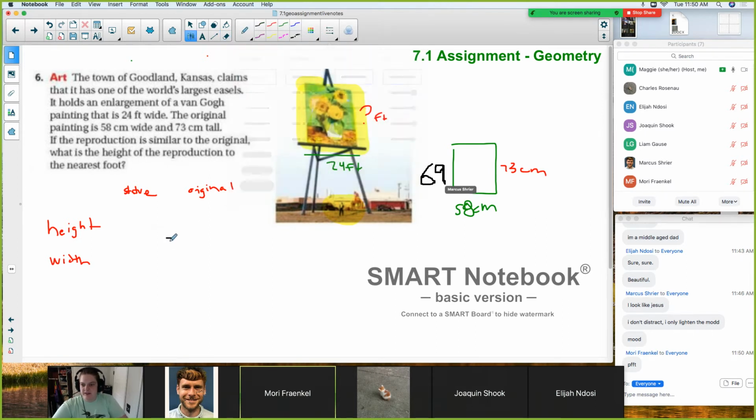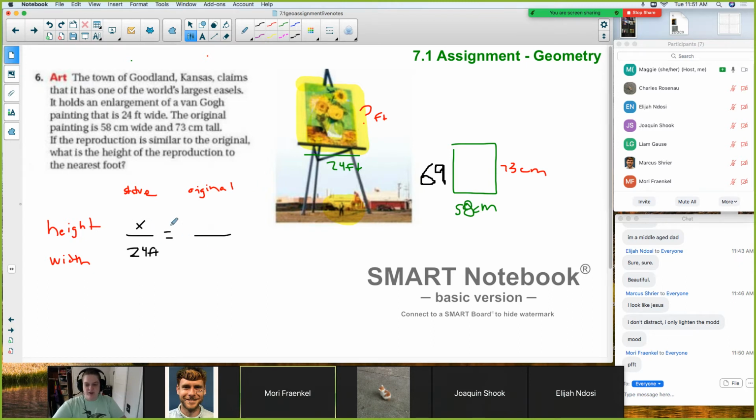So in that case, we still have these areas that we're filling in where these ideas meet, but we're putting it in a proportion. So I'm going to fill in the height of the statue, which is going to be x because we don't know what it is. The width of the statue is 24 feet, and it's okay that feet is in this one fraction and centimeters is in this fraction.